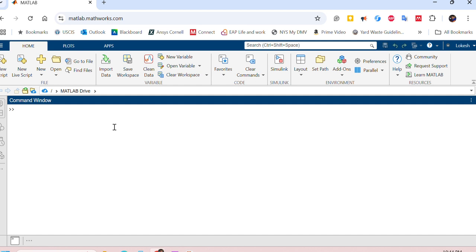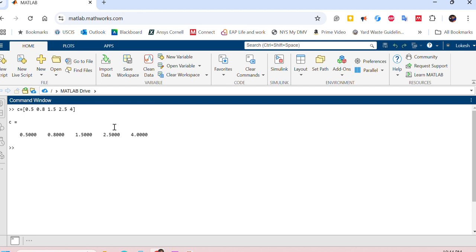Okay, now for the MATLAB, if we look at the data, we had the C, which was equal to 0.5, 0.8, 1.5, 2.5, and 4.